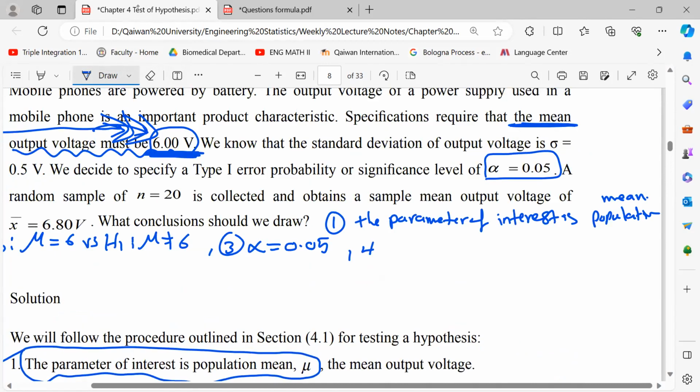In step 4, we need to find z of alpha over 2. Let's return to the table. We need to use the table.